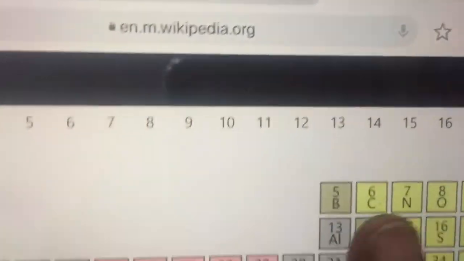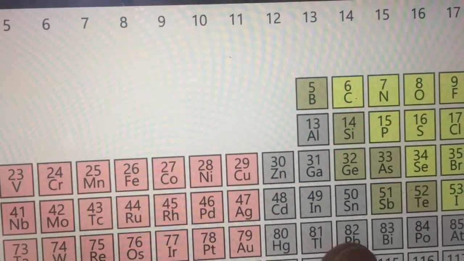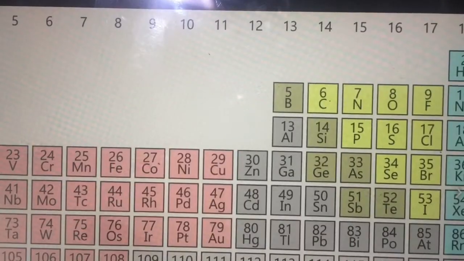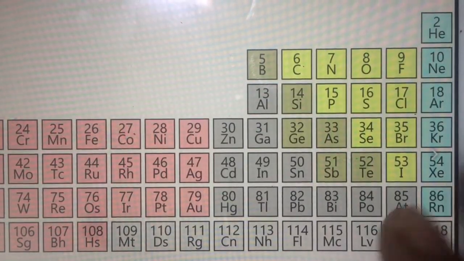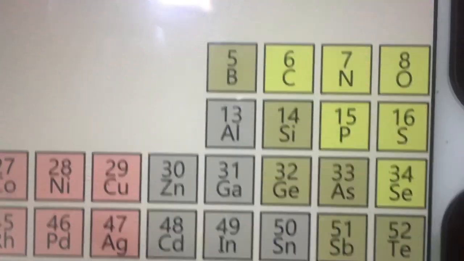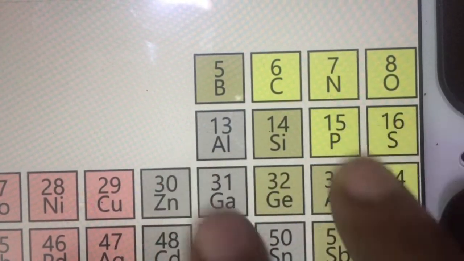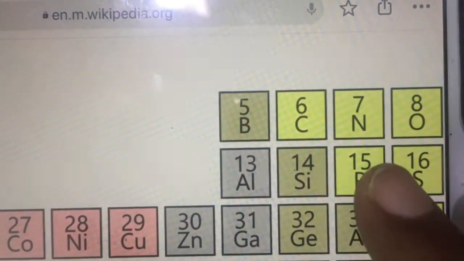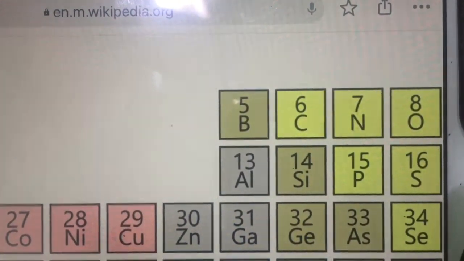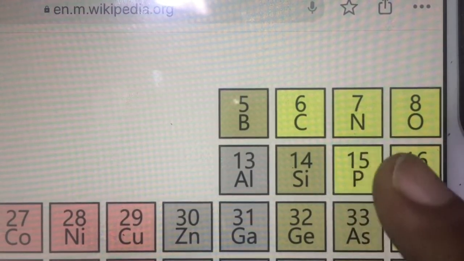Notice the reason why the elements show marked similarities within a group appears to be due to the fact that all elements within a family, say carbon, silicon, germanium, tin, lead, the 14th group, have similarity in the way the electrons are arranged in the outermost level.